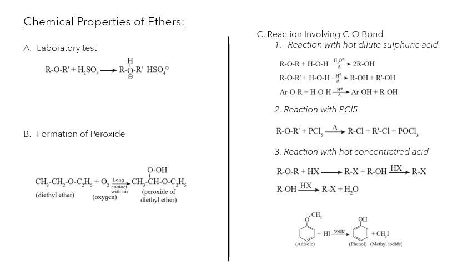Aryl alkyl ethers have a stronger and shorter bond between the oxygen and the aromatic ring, and hence an aryl alkyl ether undergoes cleavage of the oxygen-alkyl bond and yields a phenol and an alkyl halide on reaction with HI. Thus, anisole on treatment with HI at 398 Kelvin temperature gives phenol plus CH3I.